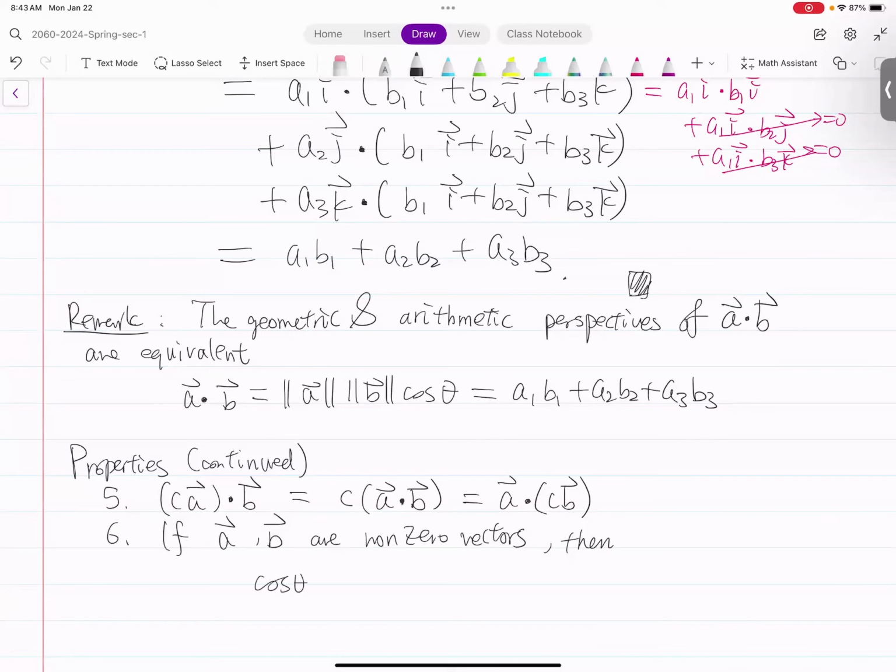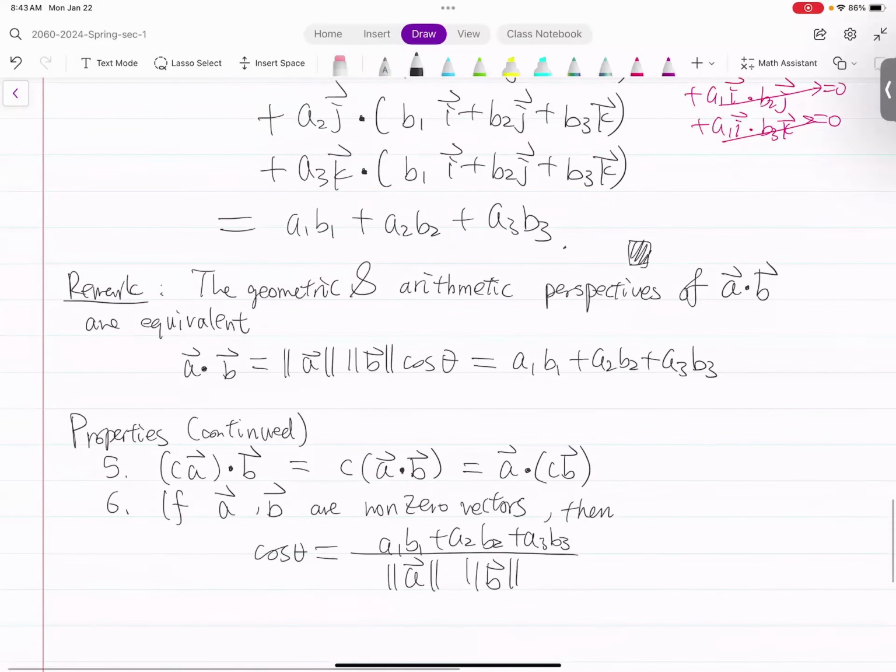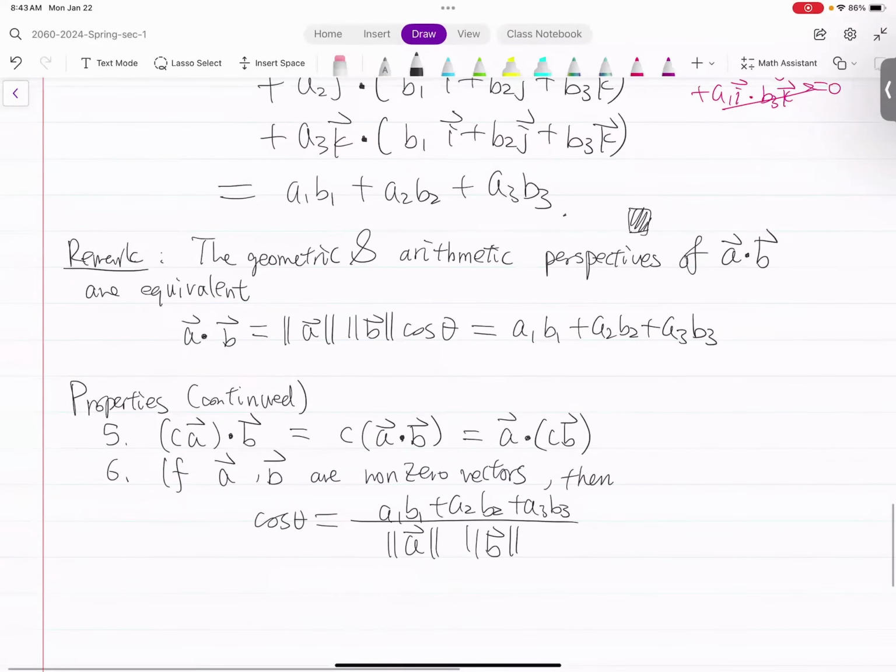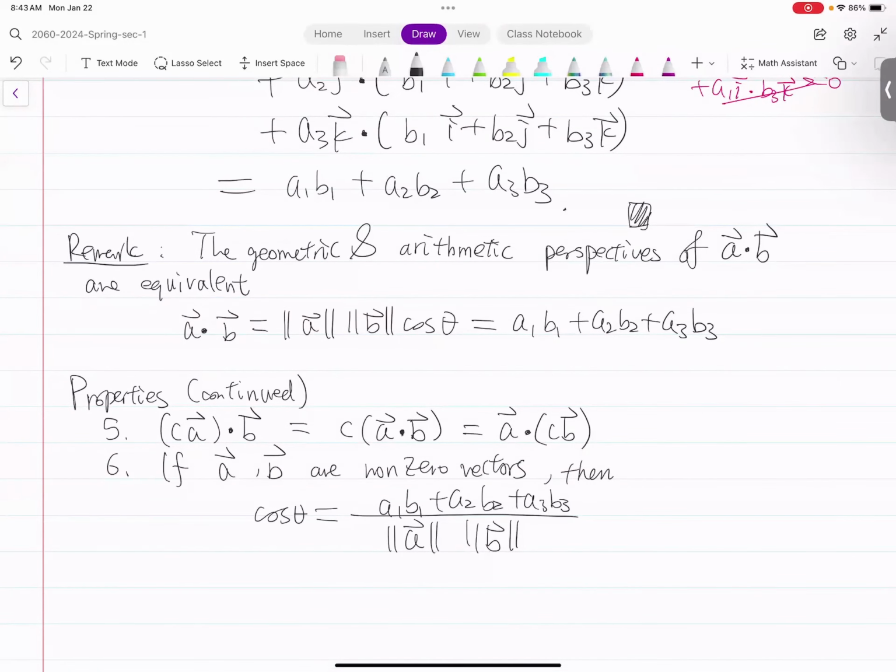Basically from the equation above, we do know that cosine theta is exactly the dot product over the magnitudes. So this tells you, if you have two vectors with the components, then you're able to use this formula to calculate the cosine value, and then you eventually get the angle.